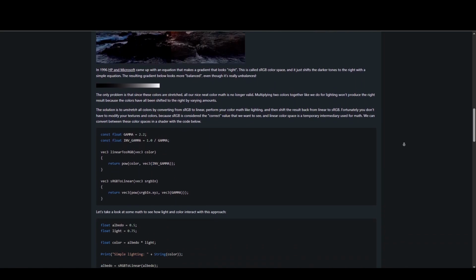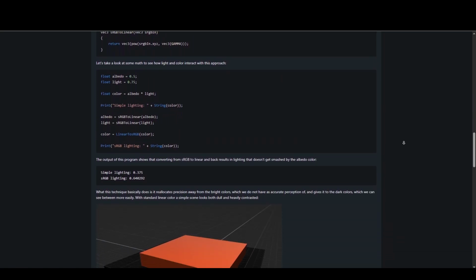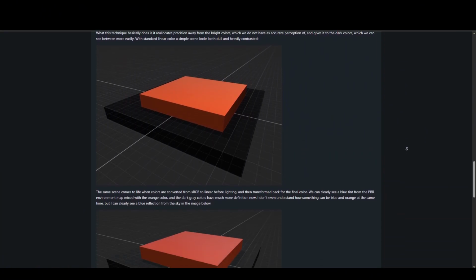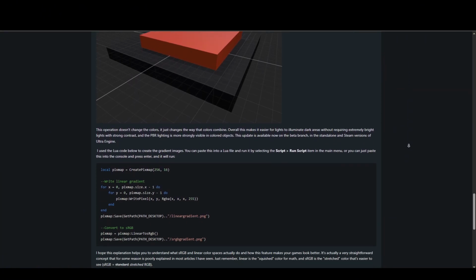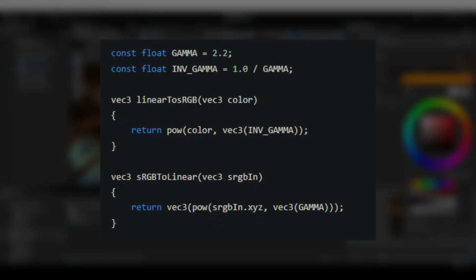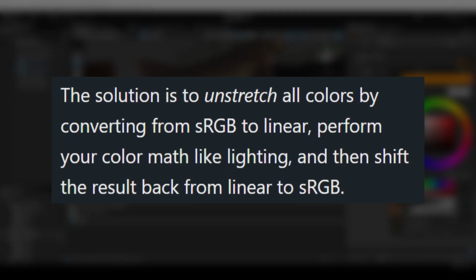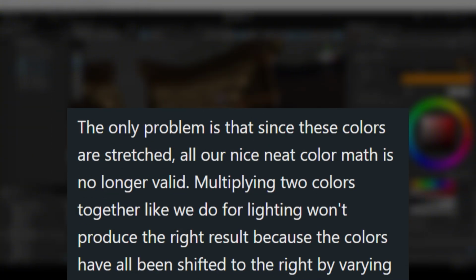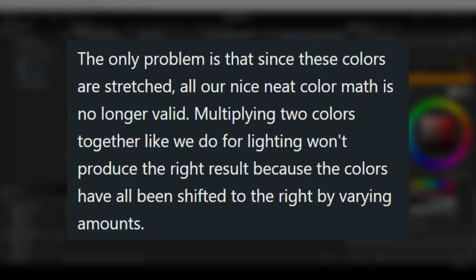The result won't be mathematically correct if you multiply one color in linear and one in sRGB. That is why you must bring it back into linear space and do your calculation there, or bring both into sRGB space or whatever. You just can't multiply colors in different color spaces.